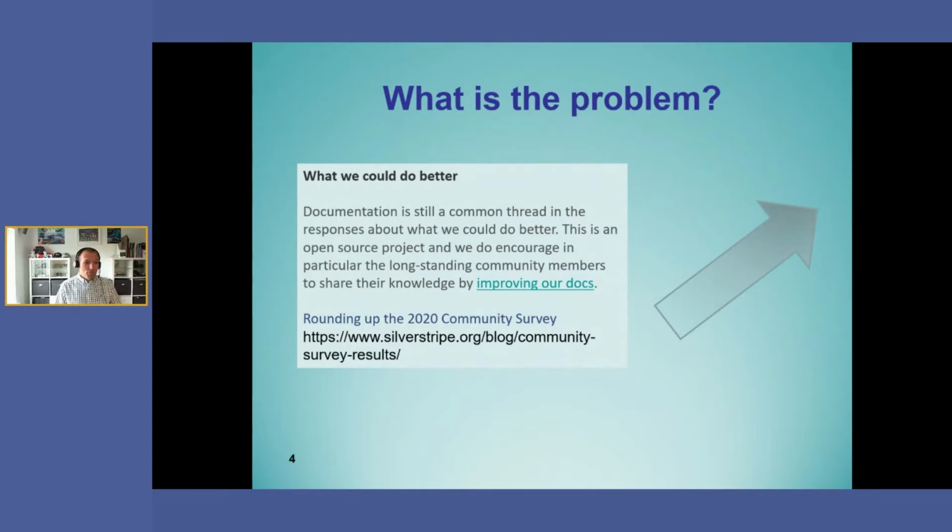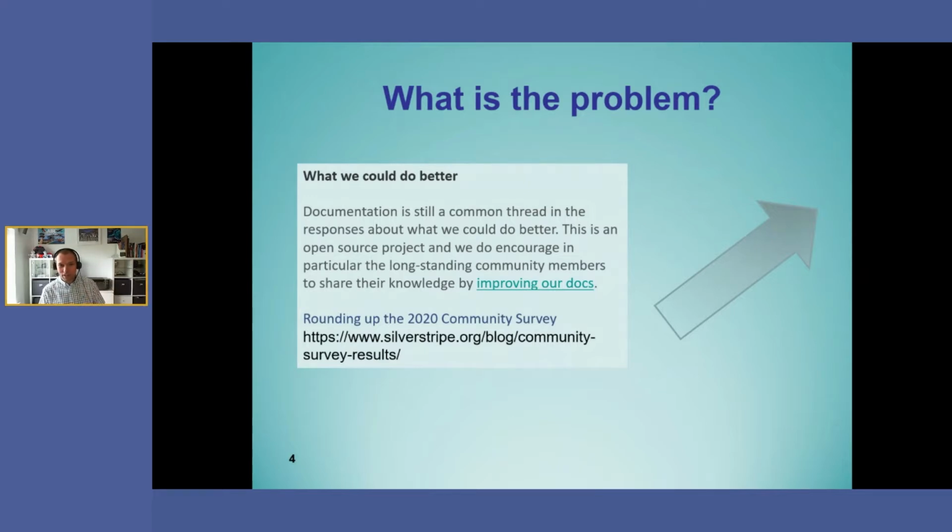The roundup from the 2020 community survey last year sums it up quite well: there is a common thread that the resources could be better. It's an open source project, and we encourage particularly the long-serving community members to share their knowledge and improve our docs.